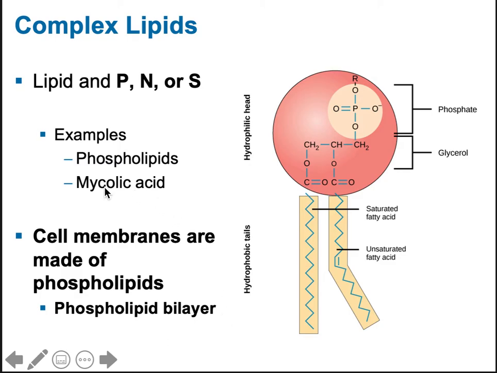Okay, but you could instead have mycolic acid, which we'll see later on in this class when we look at tuberculosis bacteria. Mycolic acids are a major and specific lipid component of mycobacterial cells like tuberculosis.